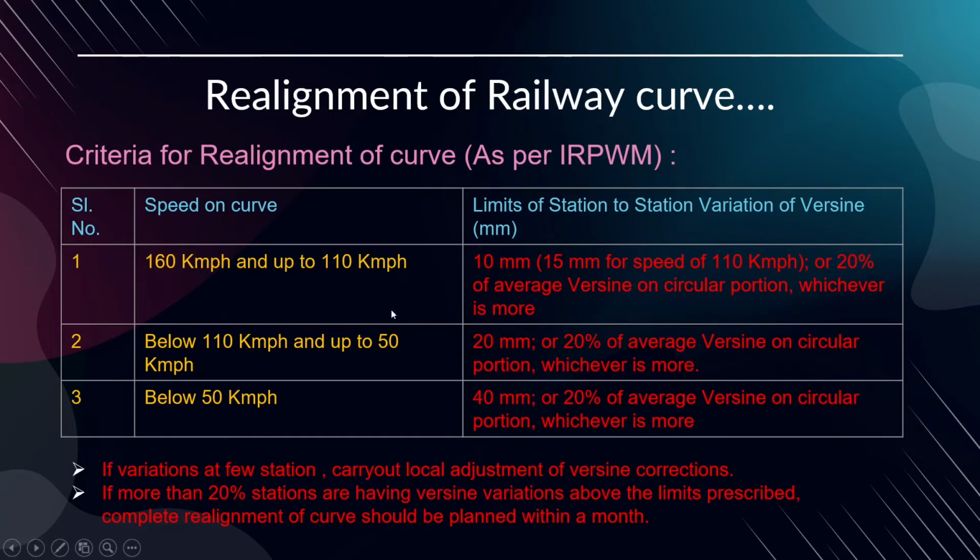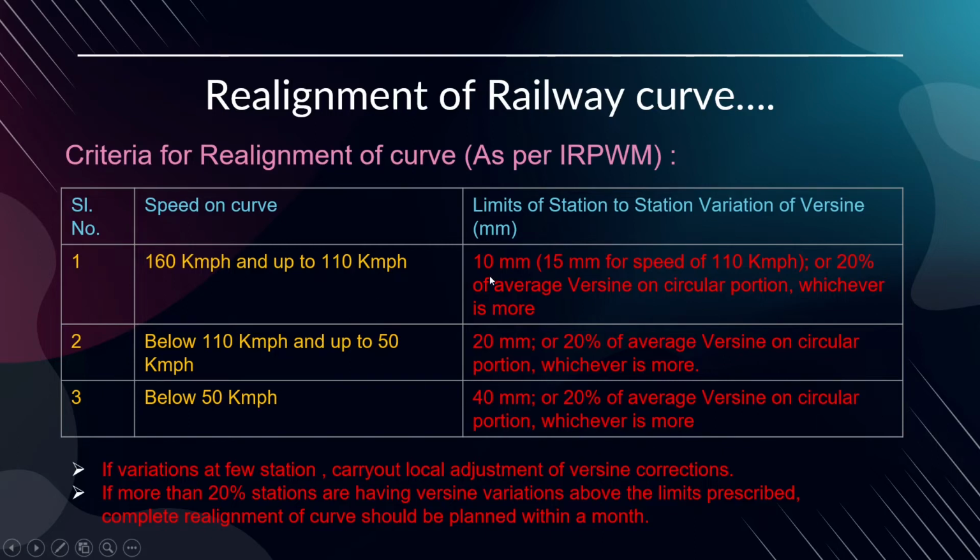In this case, we have to plan for realignment of the curve, based on the speed of the section. It is 20 mm or 20% of the average versine for 110 km and up to 50 km. Below 50 km, 40 mm or 20% of the average versine, whichever is more.